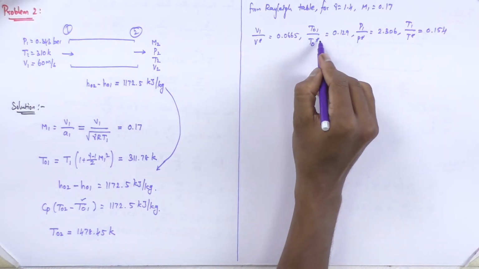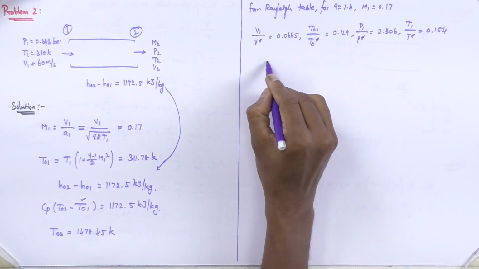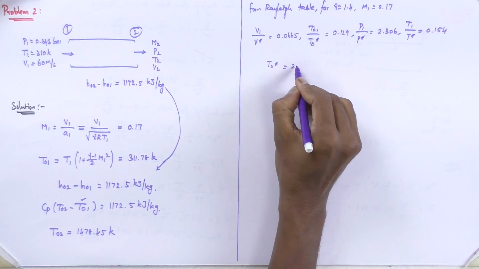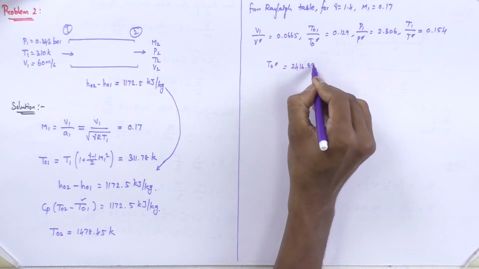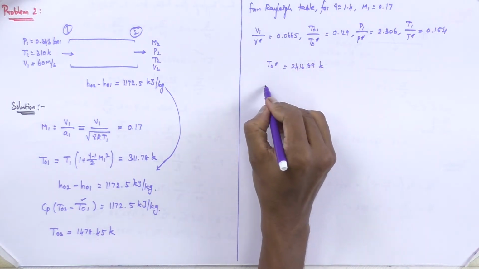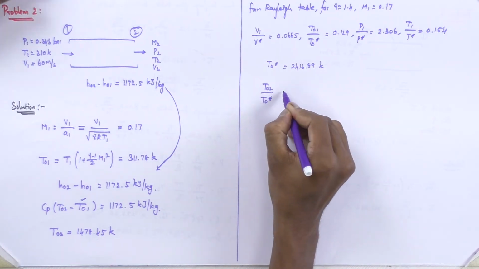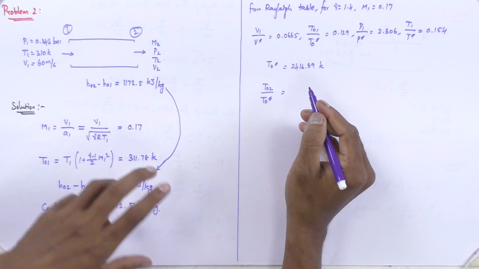So from this relation we can calculate T0 star value. So that is 2416.89 Kelvin.